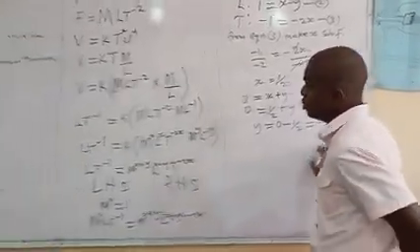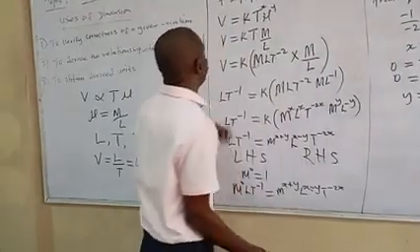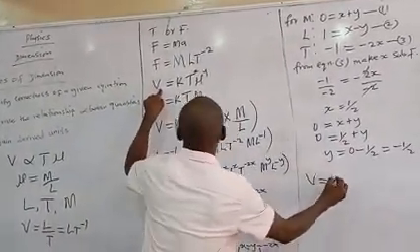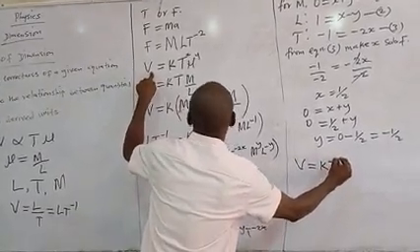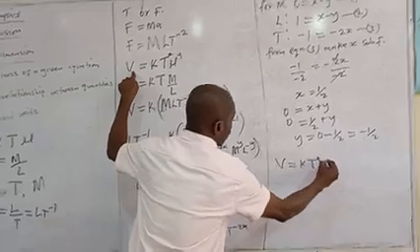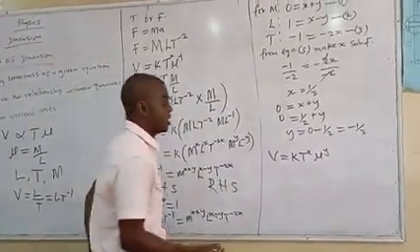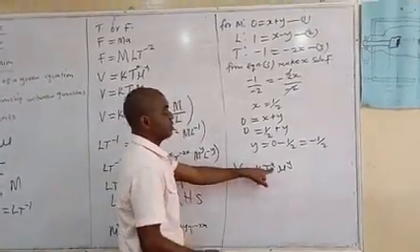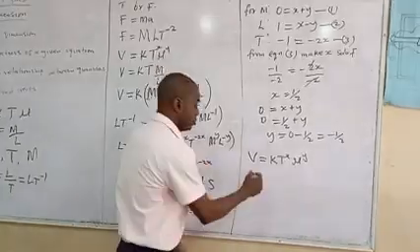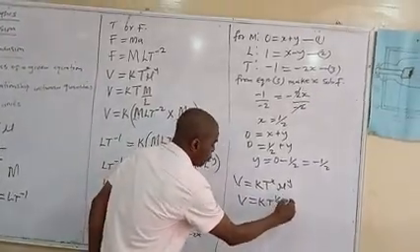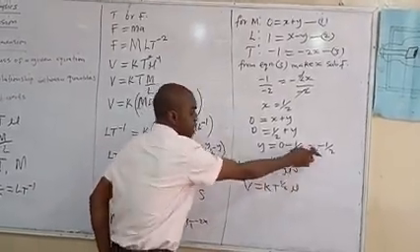So back to where we started from, that V equals k T to the power x and mass per unit length to the power y. So now x is what? Half, so we substitute. So V equals k T to the power half, and mass per unit length, which is y here, is minus what?